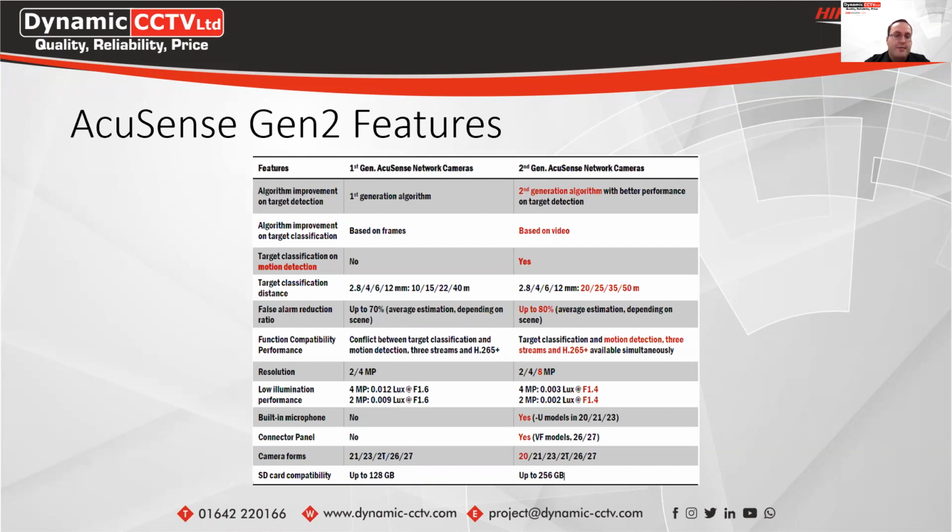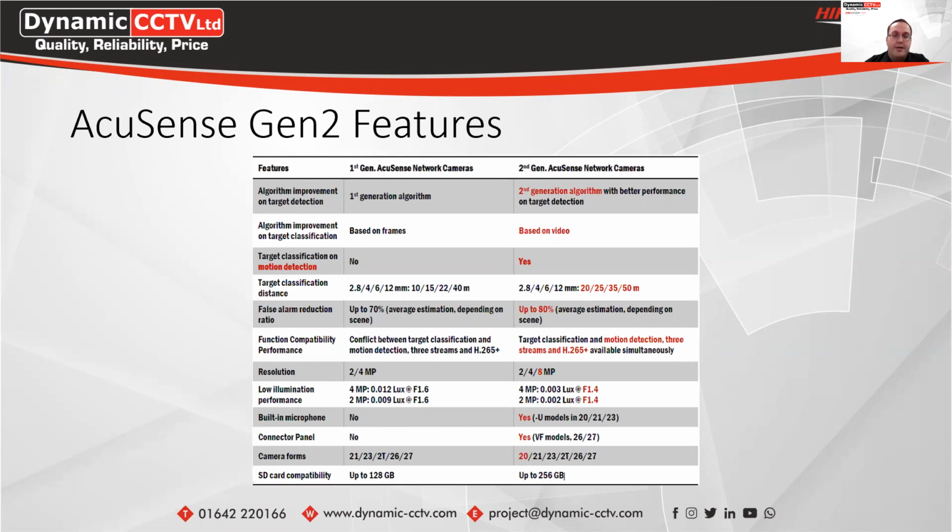And you can see there as well that we've got the false alarm reduction, which is now up to 80%, which is a 10% improvement on the older algorithm that was used for the original Acusense. And this will also work with the 3 streams and the H.265 Plus, all available simultaneously. The resolution's gone from 4 megapixel now up to 8 megapixel resolutions.